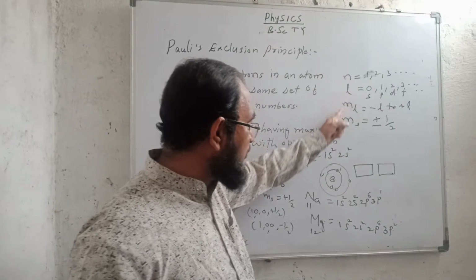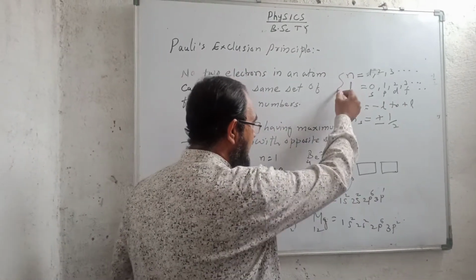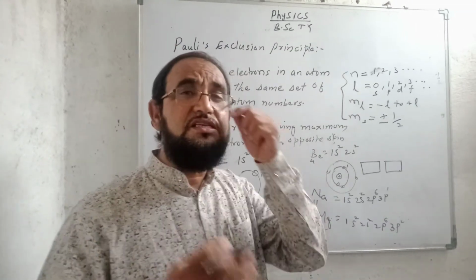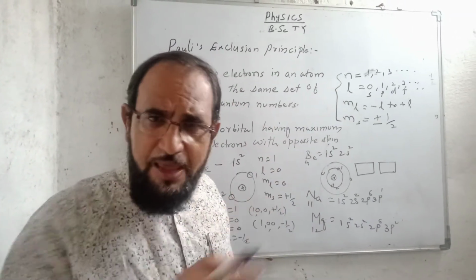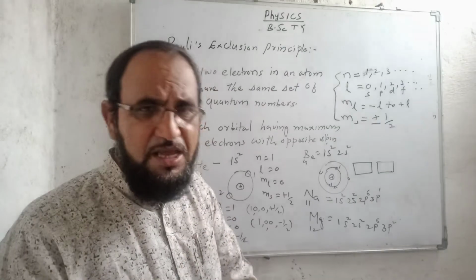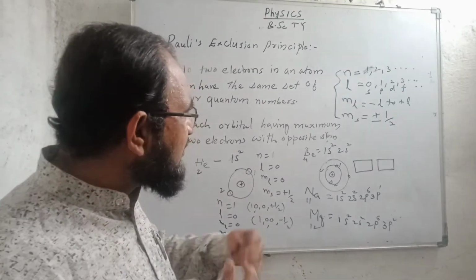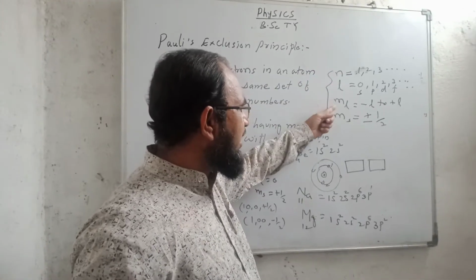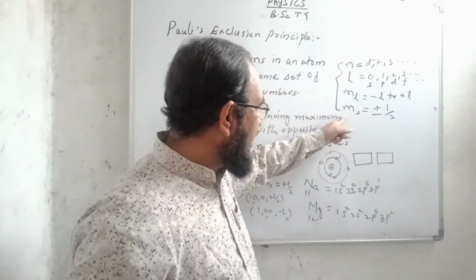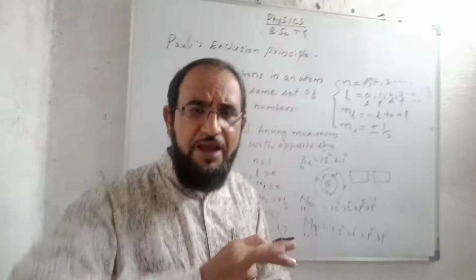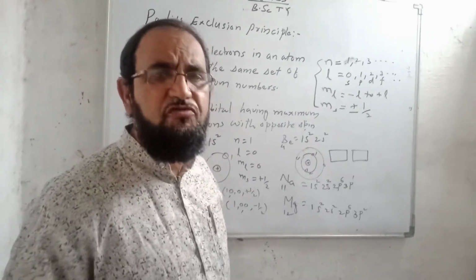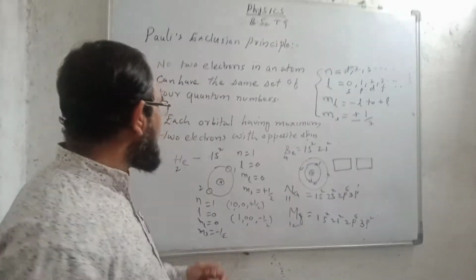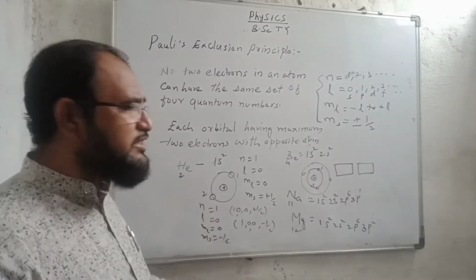Means these are the four quantum numbers n, l, ml and ms. So all of these quantum numbers will not be the same. There will be a difference in one orbit or the second. For example, n, l and ml may be the same, but ms may be plus half and minus half in an orbit. So we can take the example and we can explain the Pauli's exclusion principle.